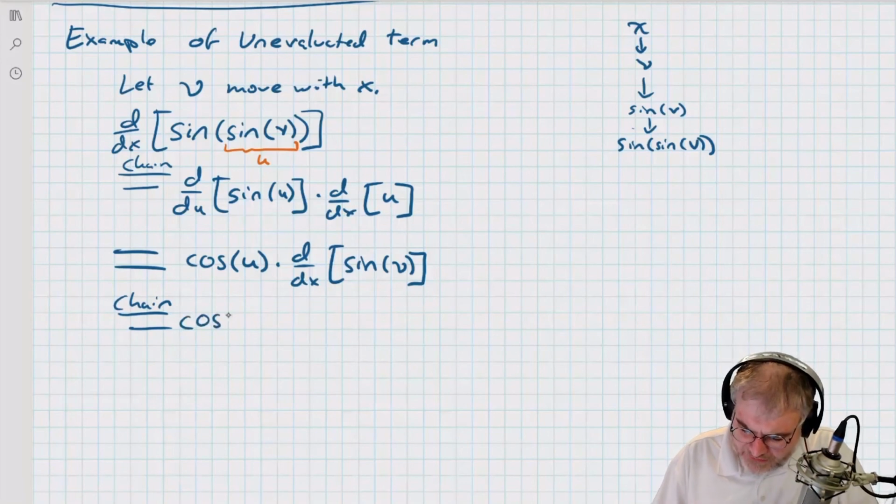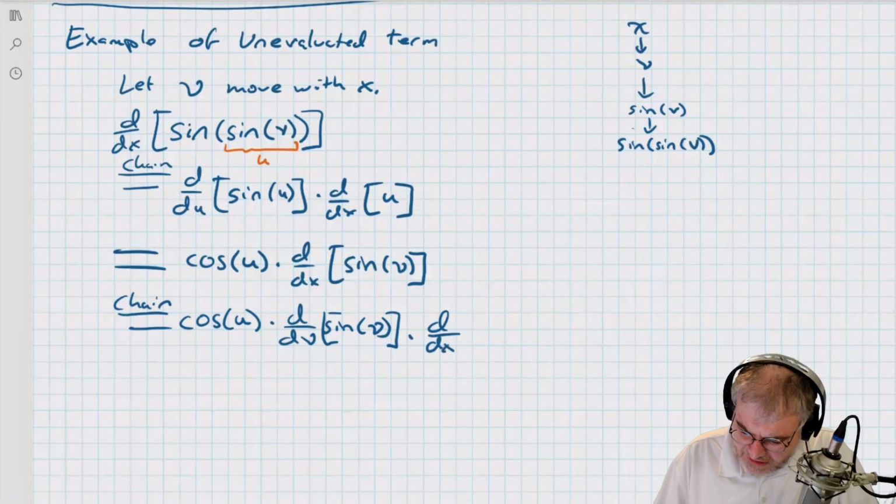I'm going to have cosine of u times, now this is important, d over dv sine of v times d over dx of v. And that's going to be the cosine of u times the cosine of v times dv over dx.